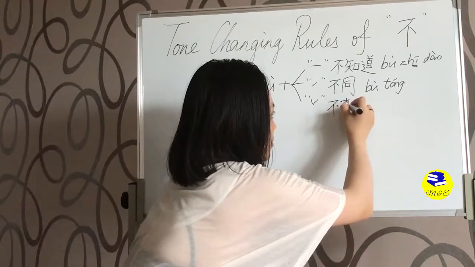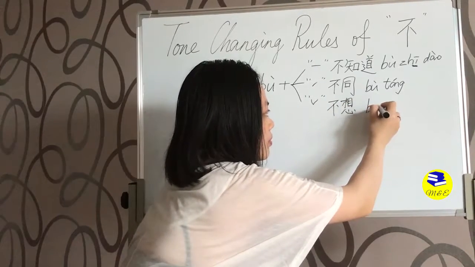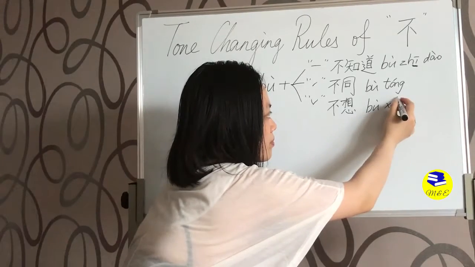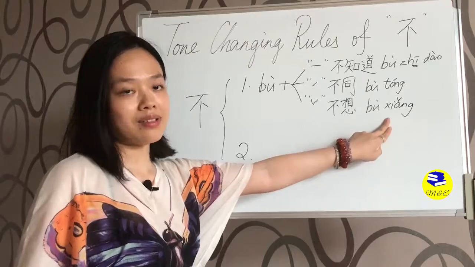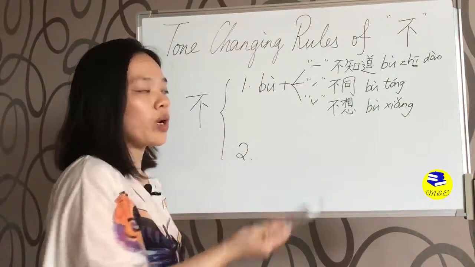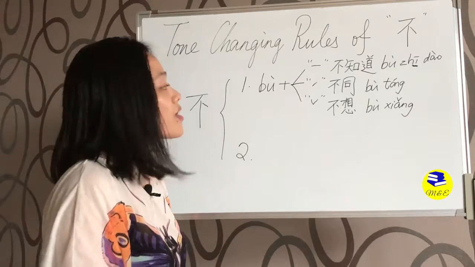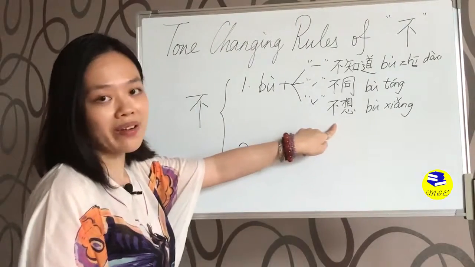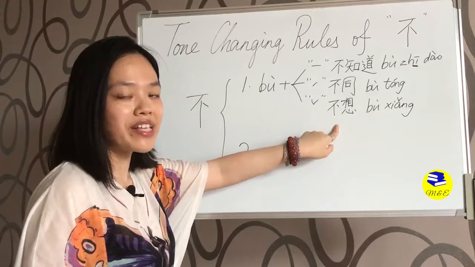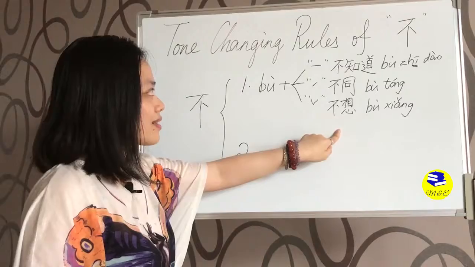Okay. 不想. See here, 想, want, or think. Here is want. It's third tone, right? So, of course, character 不 still keeps its original tone as fourth tone. 不想. Right?